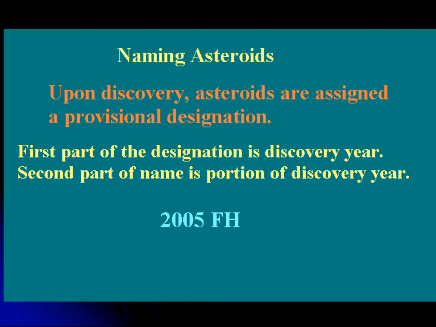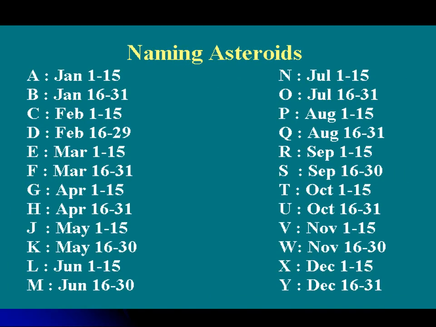The first letter tells what time during the year. So F would mean that it was discovered in the second half of March. When I'm taping this lecture, it is the first half of October. So if I were to discover an asteroid right now, that asteroid would be called 2020 T something.